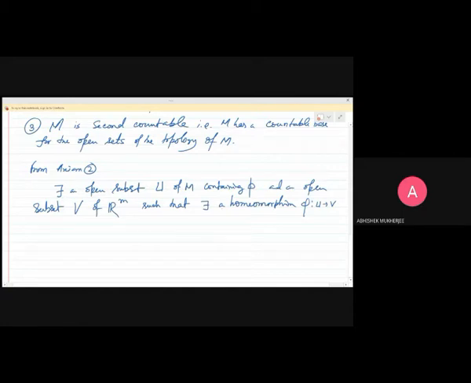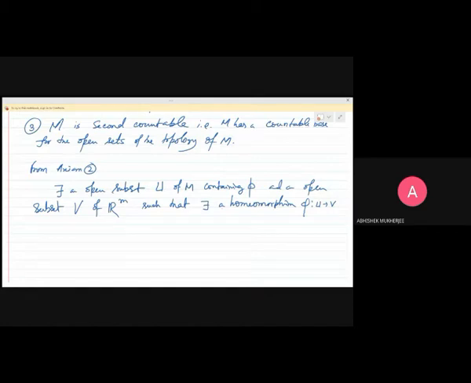That means U and V are homeomorphic. What does it mean? That means you are transferring a particular part of Rm onto the topological space M around the point P, right? Okay.